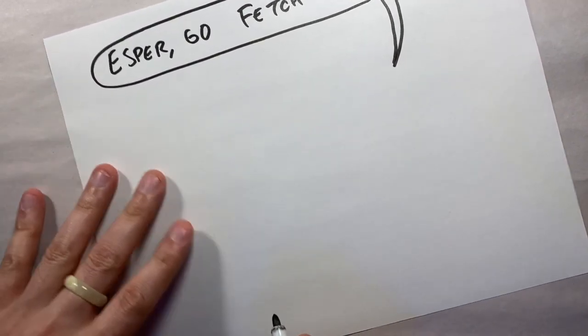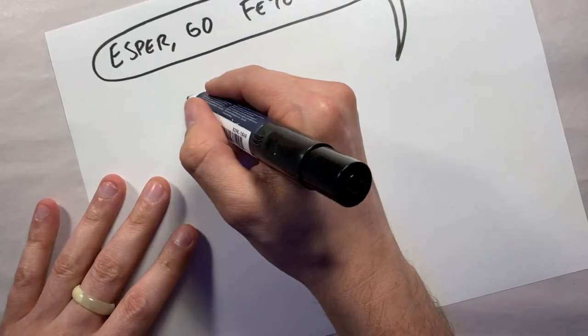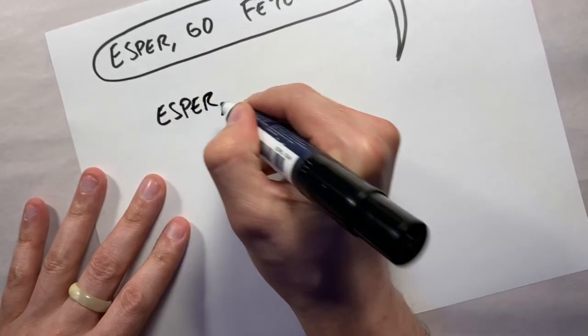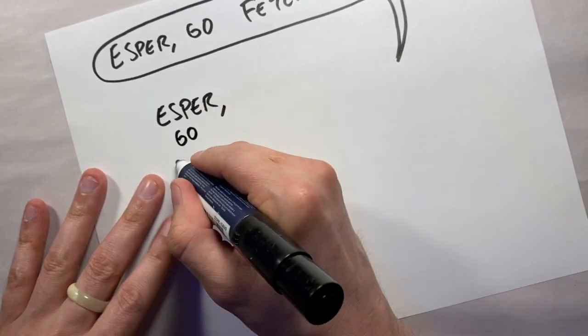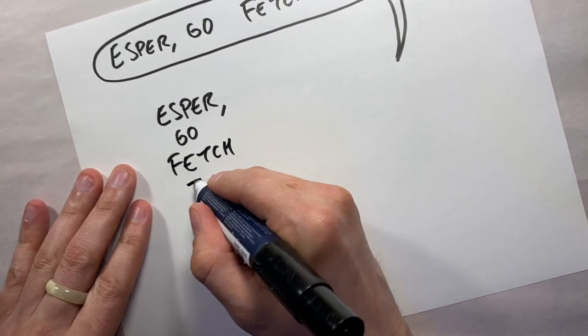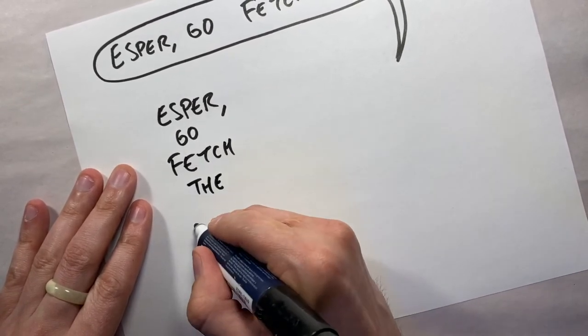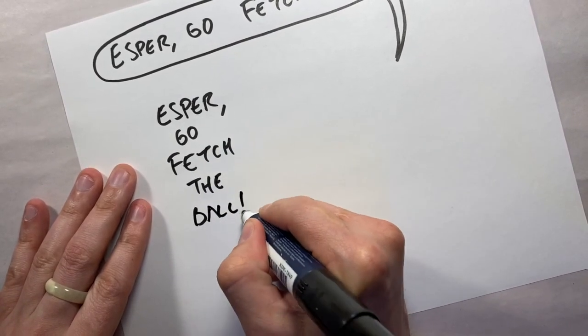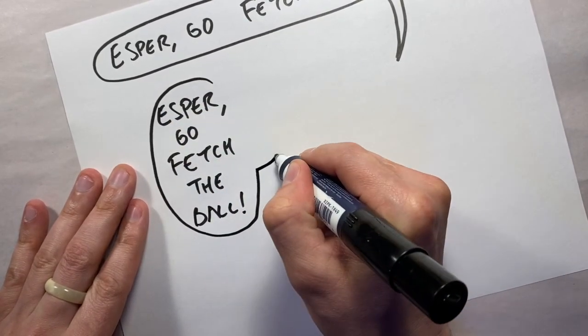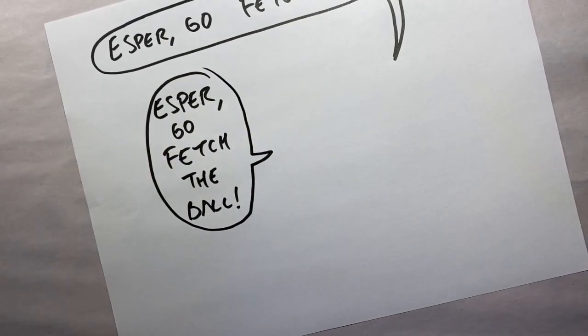Another example of an inefficient word balloon would be something along the lines of Esper, go, fetch, the ball. So we got one here that is way too tall, another that is way too short.